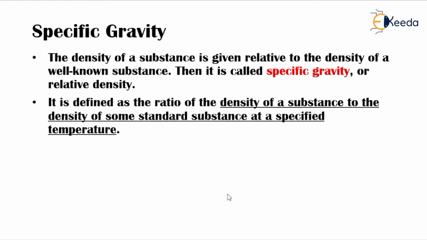Next property is specific gravity. Now, when the density of a substance is given relative to the density of a well-known substance, then it is called specific gravity or relative density. So remember, this is also one of the important terms, specific gravity, or it is also called relative density.